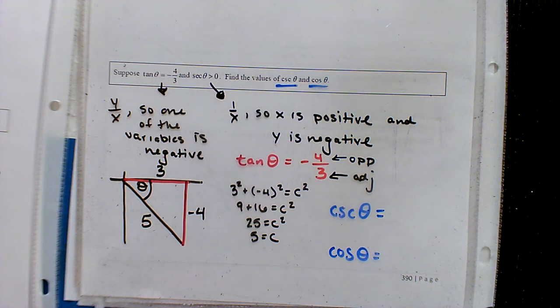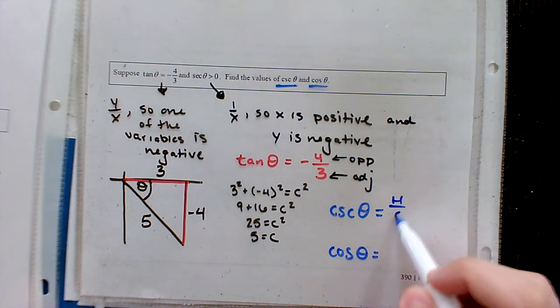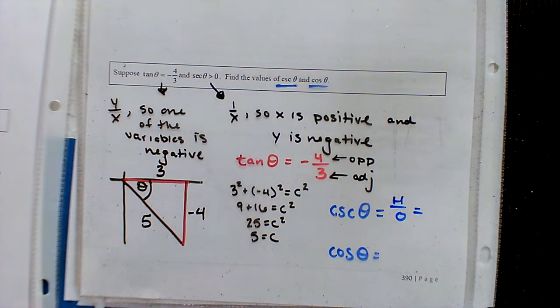Cosecant is the reciprocal of sine. So if sine is opposite over hypotenuse, we would need hypotenuse over opposite. So in our little diagram there, go ahead, Marie.